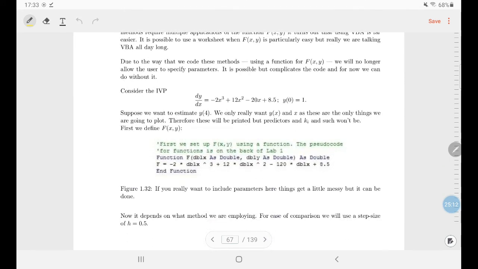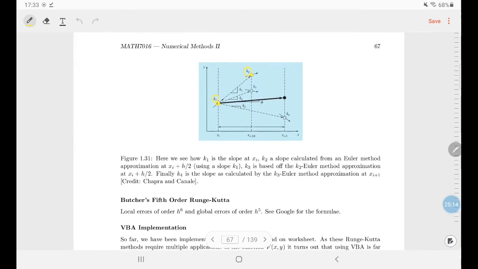But what it does do is go back to the start. See this slope? It goes back to the start and uses it here. And you get to another point, you calculate the slope there. And then you calculate what the slope is here. So there are 4 slopes that are weighted.